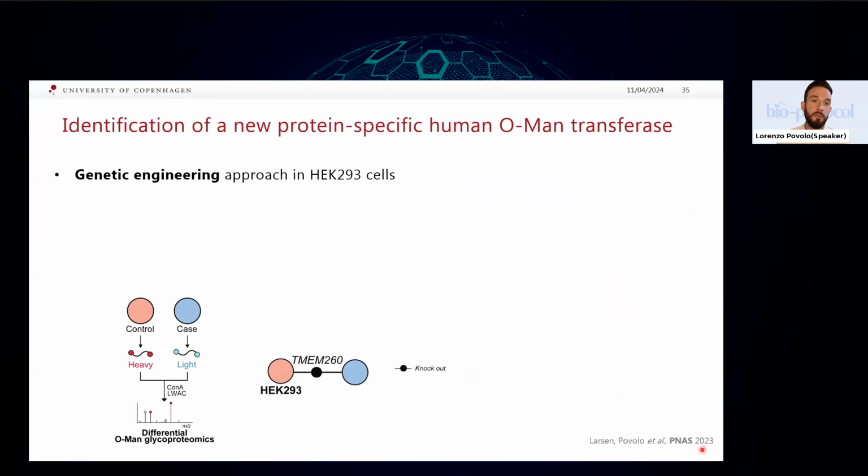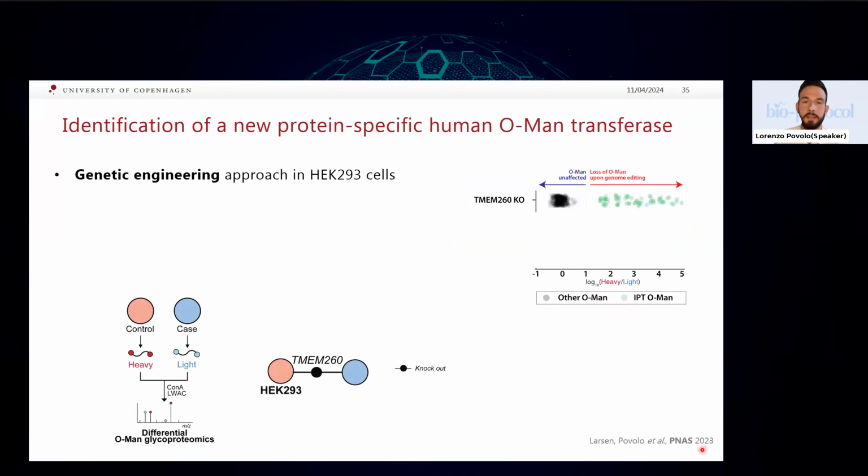So what I saw from this analysis, with the workflow that you saw in the previous slides, was that a TMEM260 knockout led to a loss of O-mannosylation on specific peptides, the ones that we were interested in, suggesting that TMEM260 is important for this function.